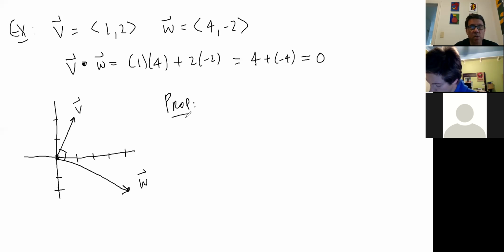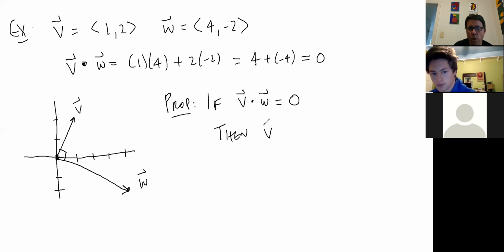So not only does it somehow talk about length, but if the dot product is 0 between 2 vectors, this will only happen if the angle between them is a right angle, the perpendicular symbol.